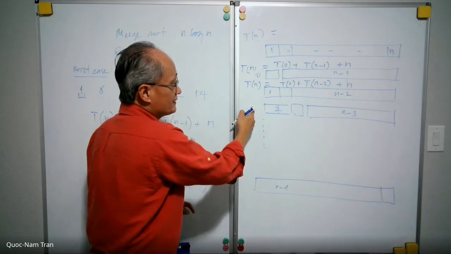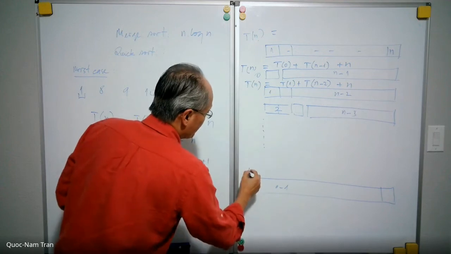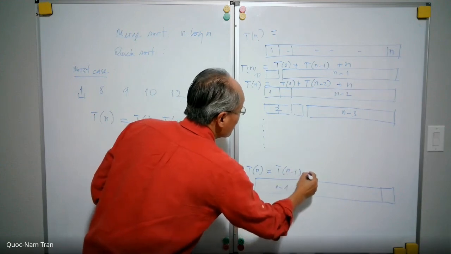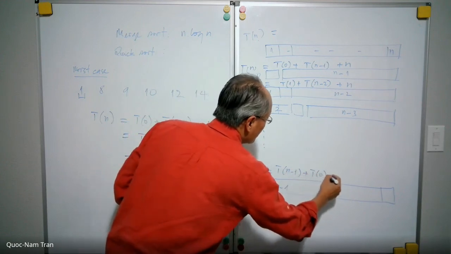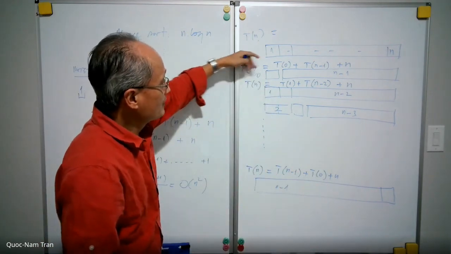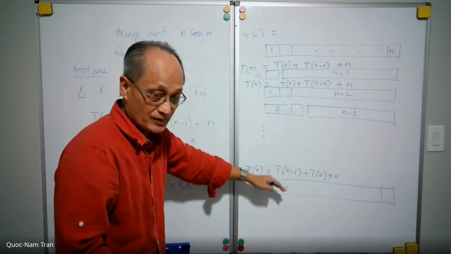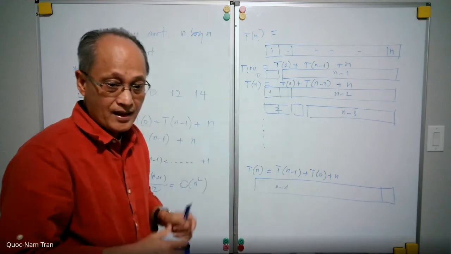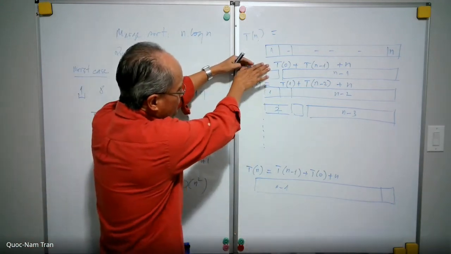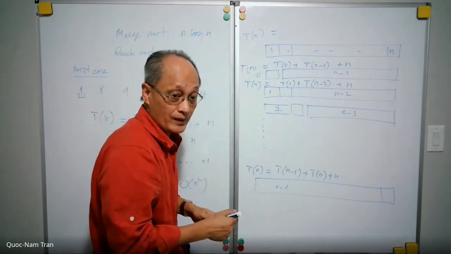So same thing here, Tn is T2 plus Tn minus 3 plus n. And the last one you have, Tn is Tn minus 1 plus T0 plus n. N cases, right? Here you have 0, 1 to n minus 1. Okay, n possibilities. So now, the cost for the average case of quicksort is, if you add the cost for all of them together, divided by n is what we have, right?